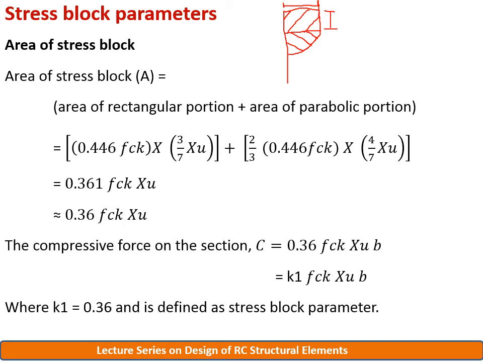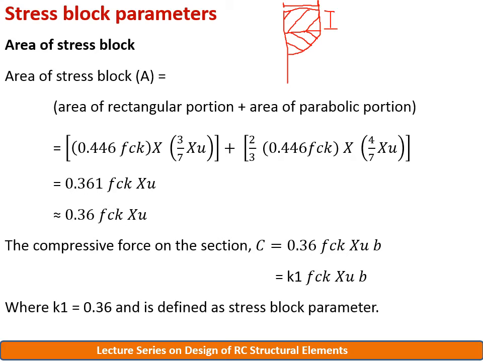Now for the parabolic portion, the area is 2/3 of 0.446 FCK into this height, that is 4/7 of XU. So the area of the stress block is divided into the rectangular portion and the parabolic portion.